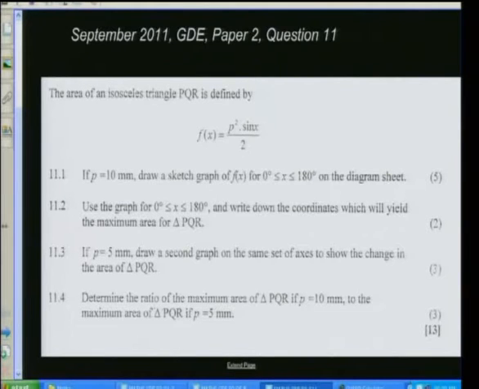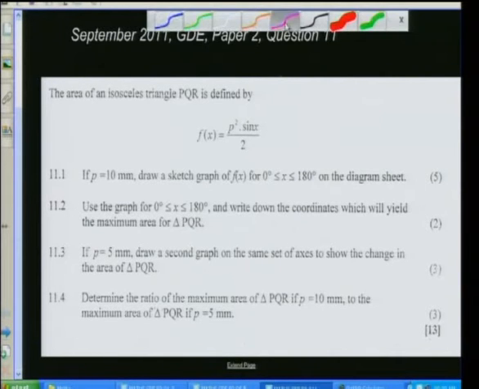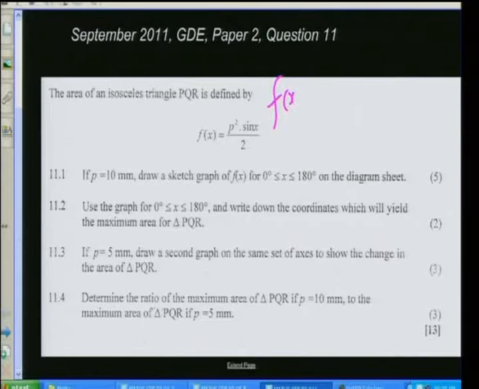Oh, okay. And I think then it will be a little bit less of a mystery. So let's see. F of x is equal to 10 squared sine x over 2.